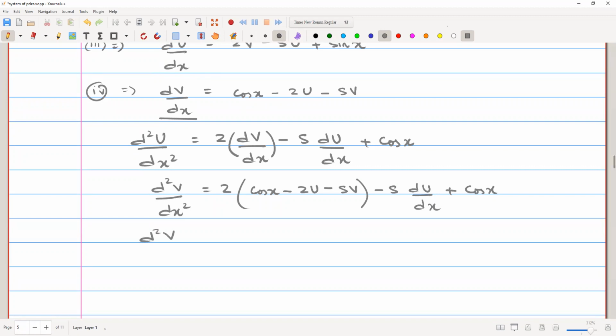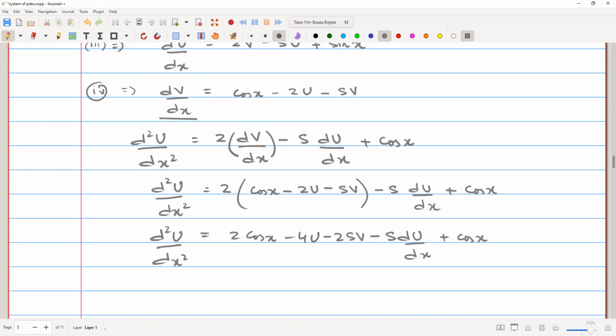And then we have d²ū/dx², sorry, it's not d²v̄ but d²ū, over dx². We can just keep this negative s term on the right side for the time being, and it will be 2s v̄ - s dū/dx + cos x.